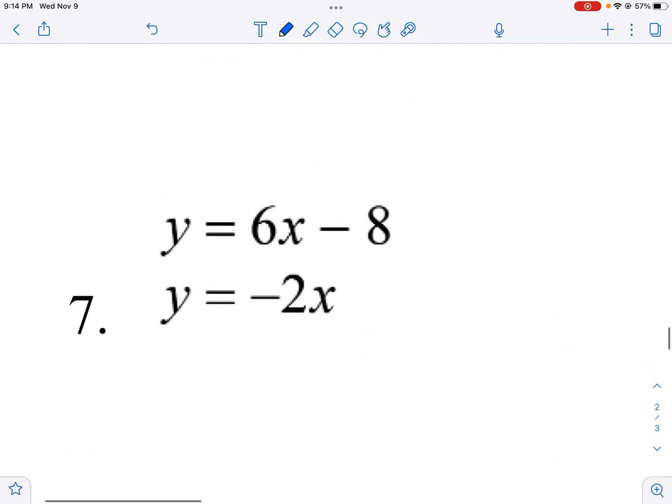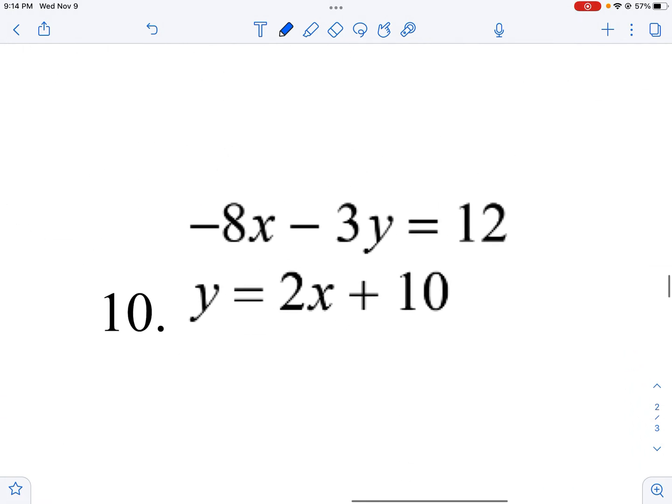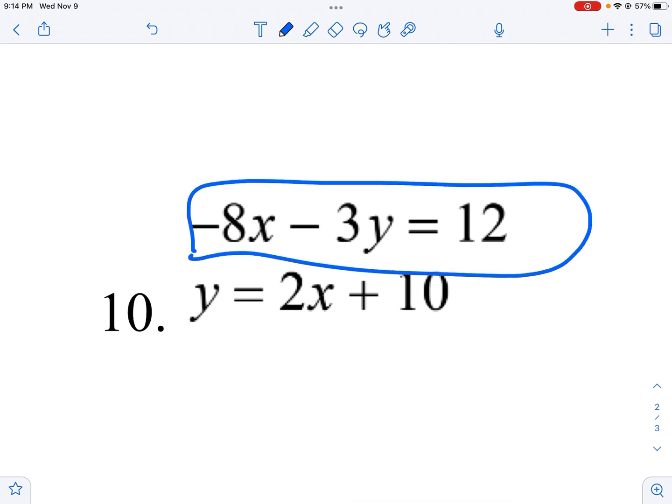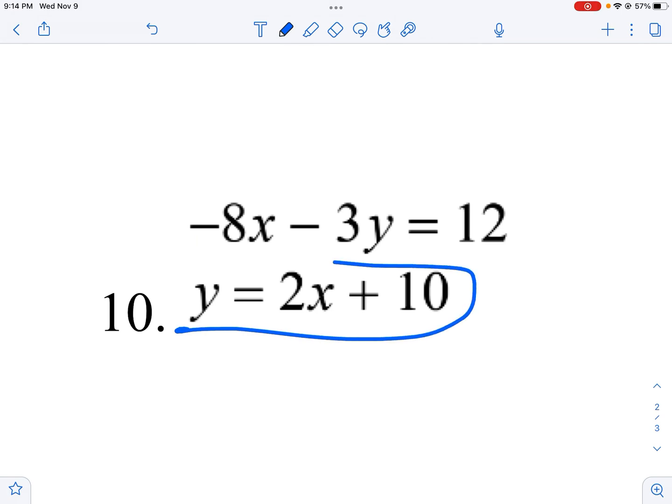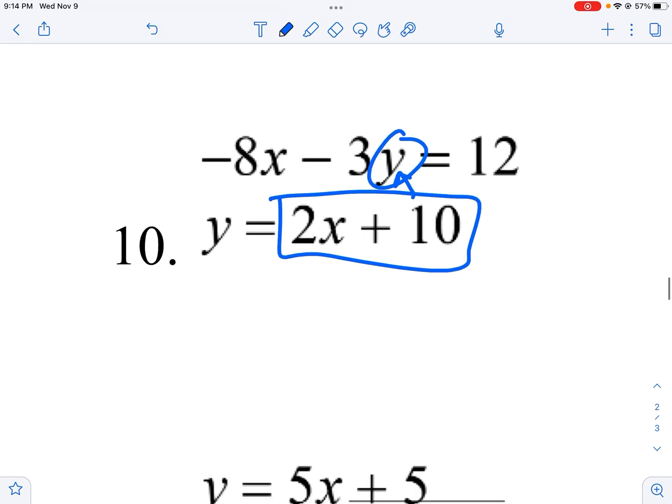Let's jump to one that's got a few more things involved. Let's do a scary one like 10. My first equation doesn't really have a nice substitution ready for it, but the second one does. It tells me y is this stuff here. And so I could take this stuff here and put it in the y of my other equation in that spot there. So that's what I'm going to do.